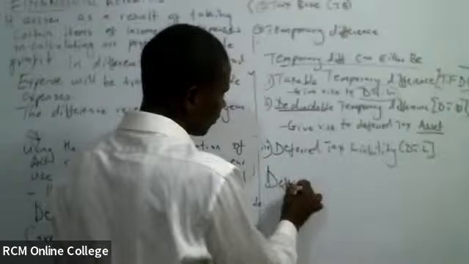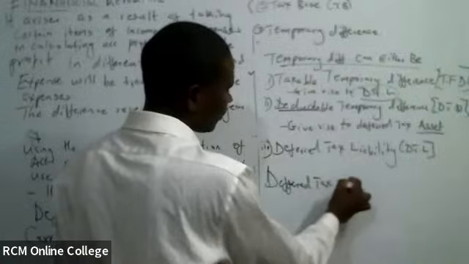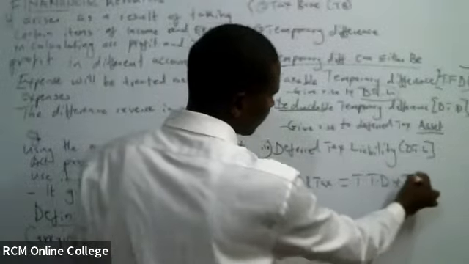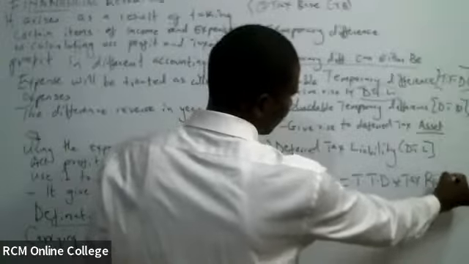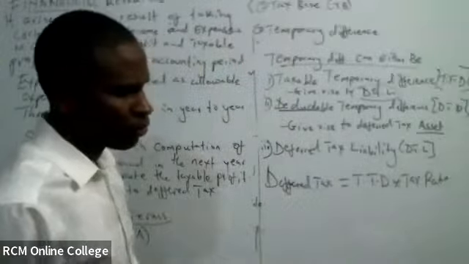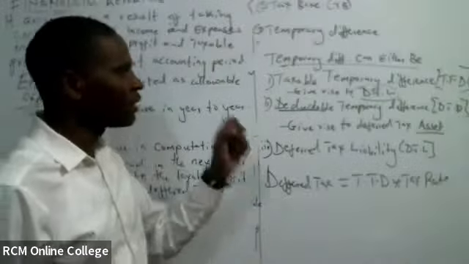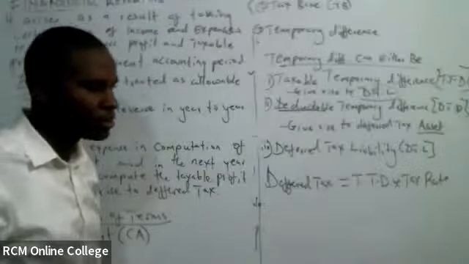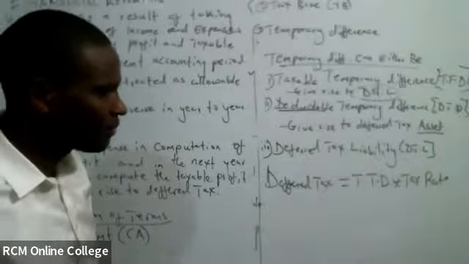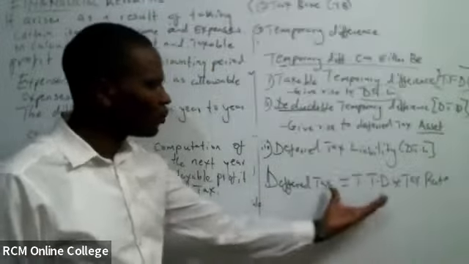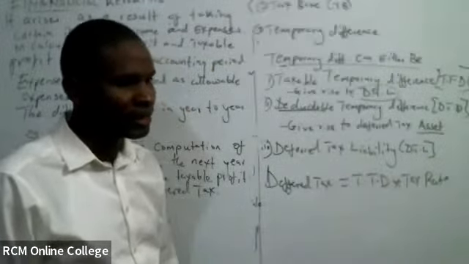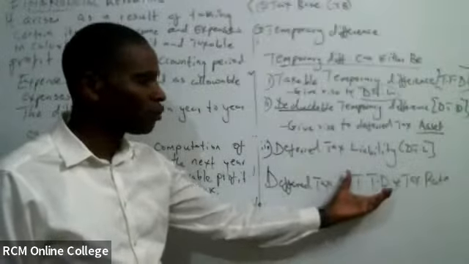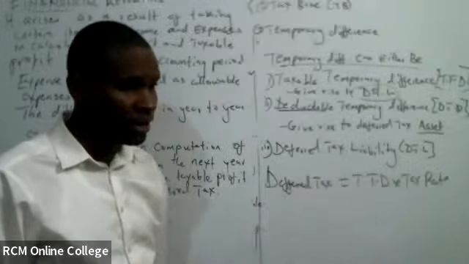Deferred tax is given by taxable temporary difference times the tax rate. This is the formula you should hold well. So how do you know whether you are dealing with a taxable temporary difference? Let's see.